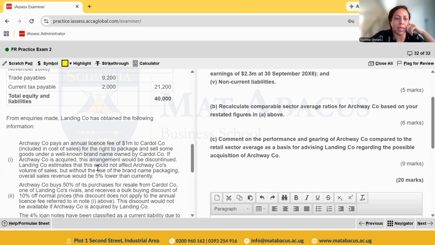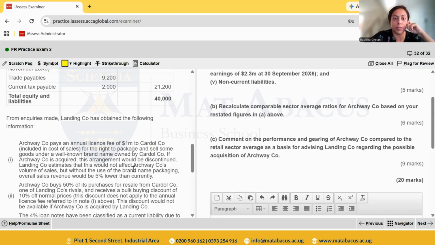Landing Company estimates that this would not affect Archway Company's volume of sales, but without the use of the brand name packaging, overall sales revenue would be 5% lower than currently.